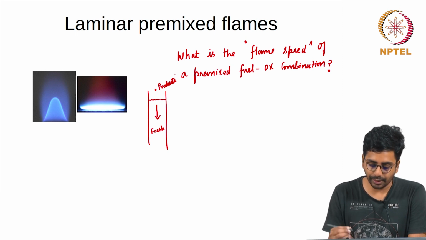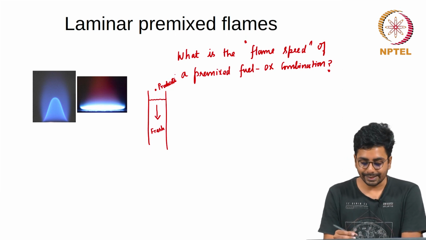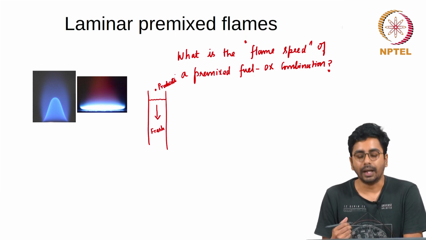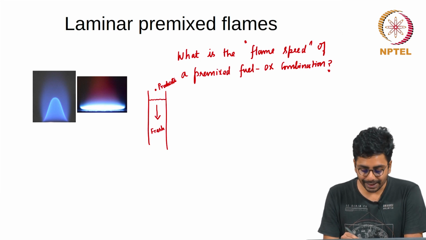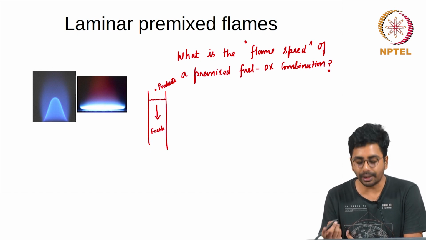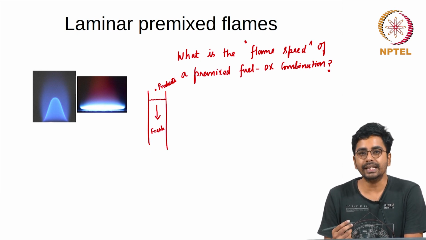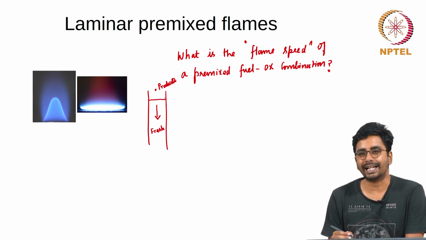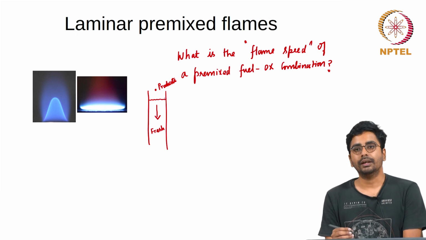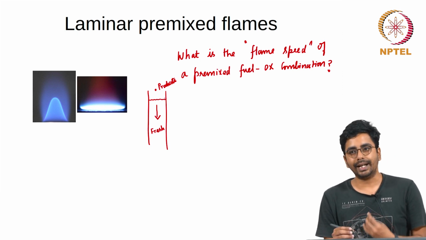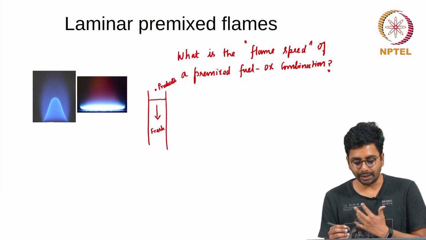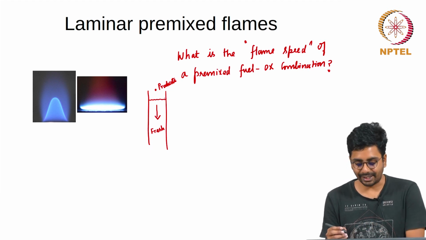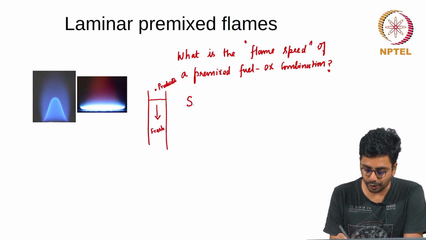So, a laminar premixed flame separates the unburnt mixture from the products, and the flame propagates normal to itself into the unburnt mixture, with a characteristic velocity which is best characterized under adiabatic, laminar, one dimensional, or as it is called unstretched conditions, denoted as SU.